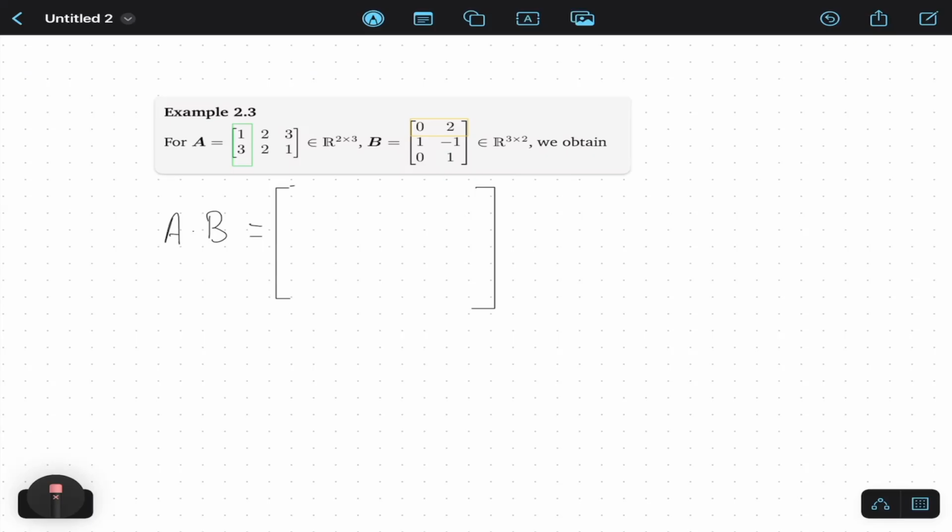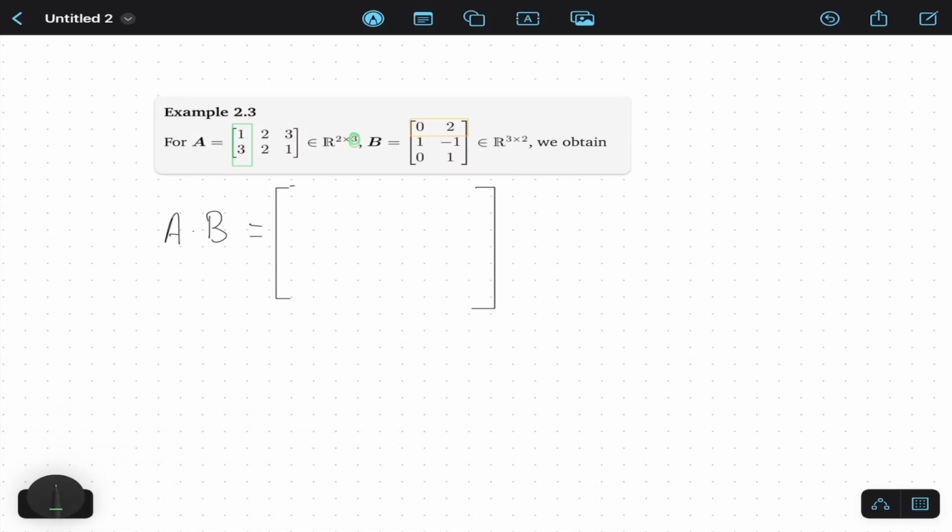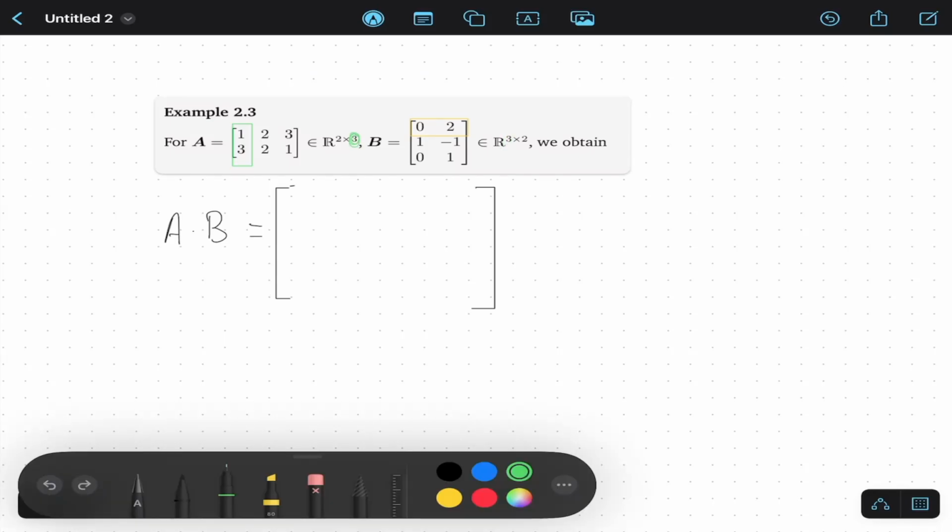And the reason is because in this case, the connected dimension is 3, and here 2. The box has to be 3 dimensions, or 3 long if you want so. We know that the first number in the dimension is the height, and the second one is the length.